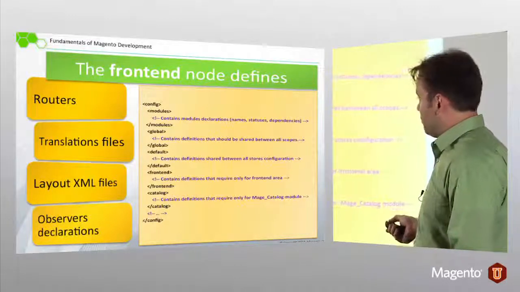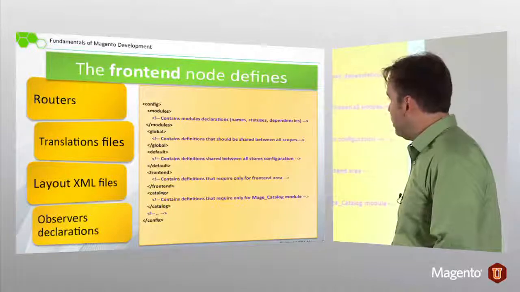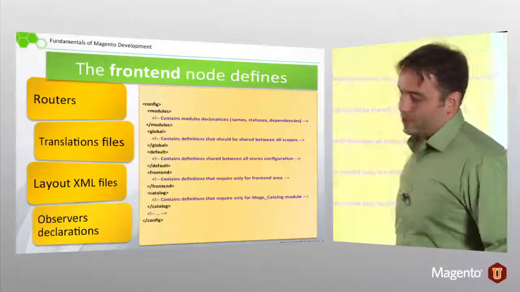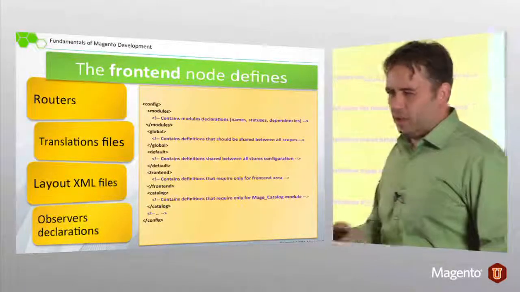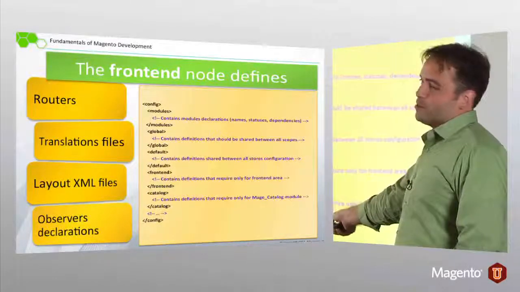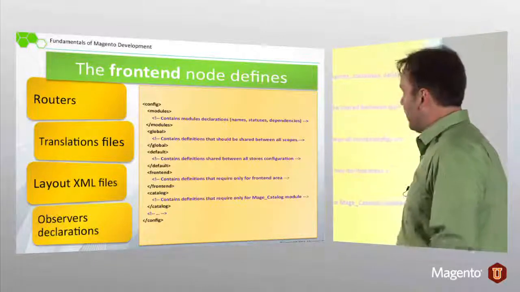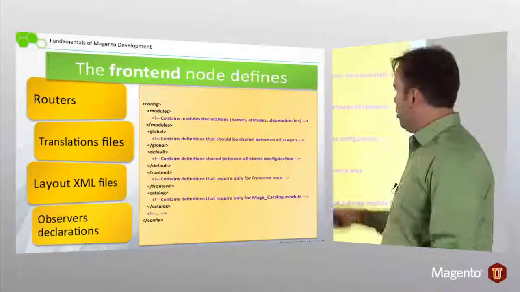We also can specify our layout XML files, which is what we were talking about earlier. So inside frontend, we might have updates, and I think we have an example of doing that a little later on. And we also declare our observers. So that's our event-driven architecture. And again, that's done in the different area scopes.